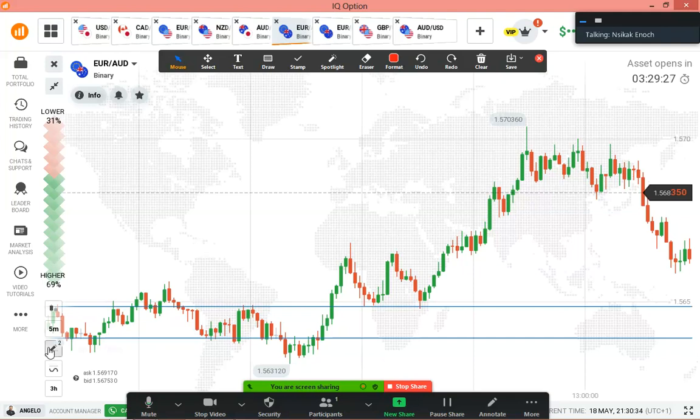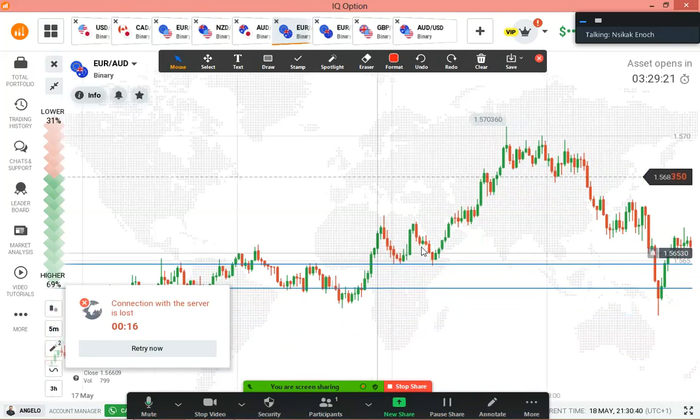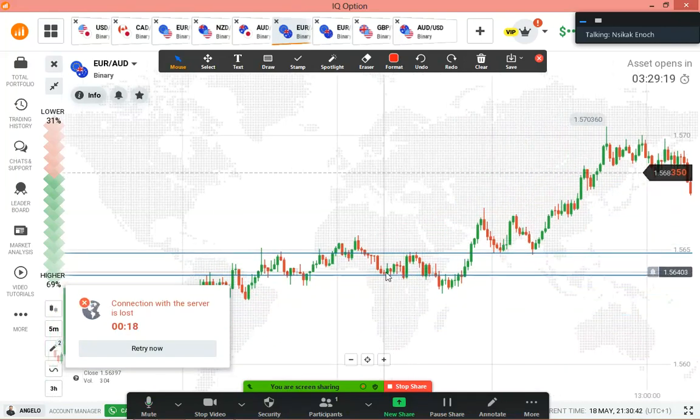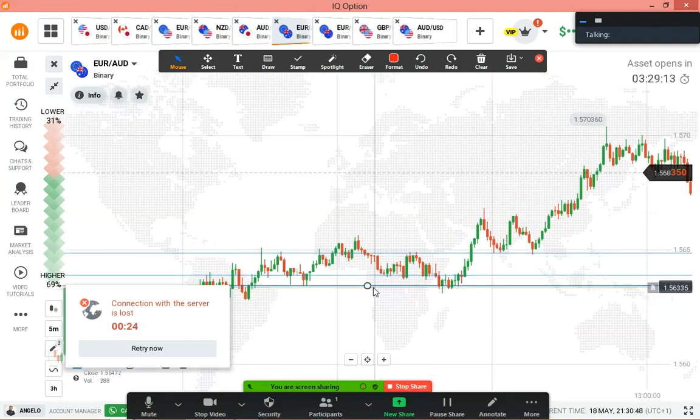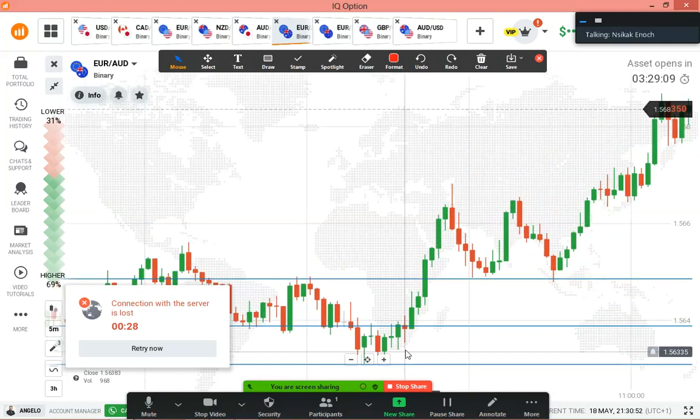That is what this trading style says: include the lowest wick or the highest wick. If you are trading on supply, include the highest wick. If you are trading on demand, include the lowest wick.